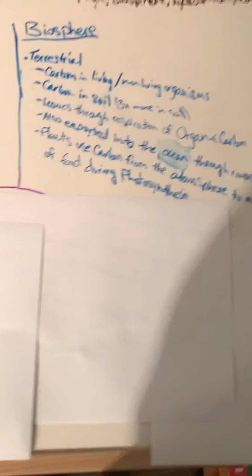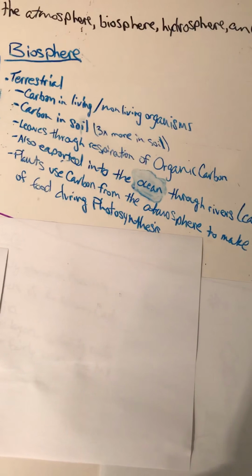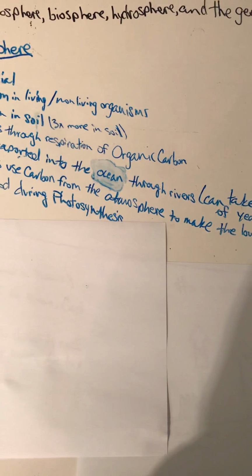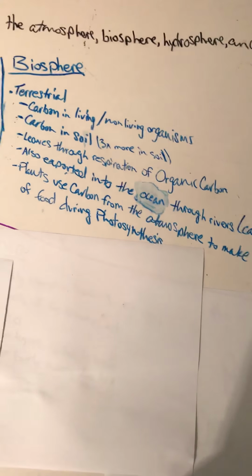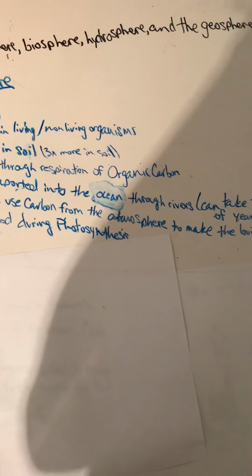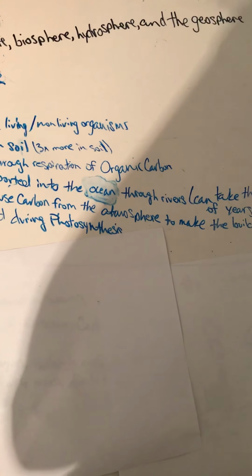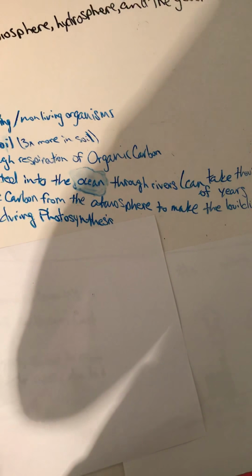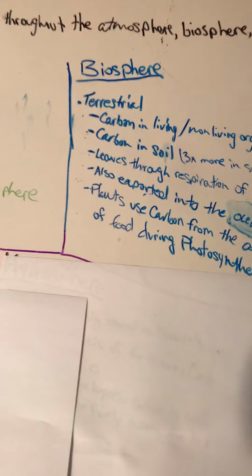In the ocean, it is exported into the ocean through rivers. Basically the dirt or soil erodes into the rivers, and the rivers wash it into the ocean, and this can take thousands of years for the carbon to be exported this way.